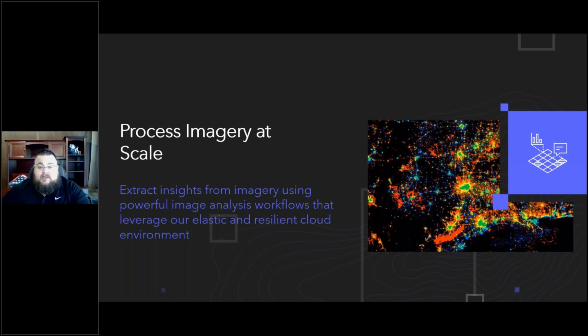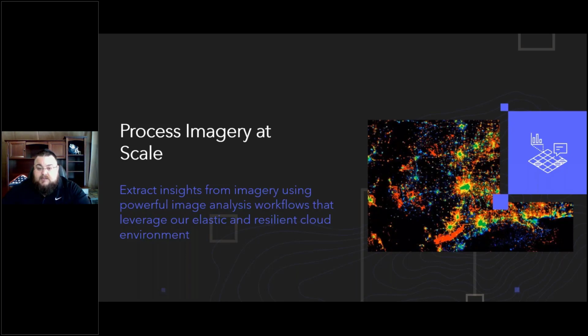With ArcGIS Image Online, you can process imagery at scale using powerful image interpretation, image analyst, and raster analytics workflows in the cloud. This helps you make use of your imagery to gain situational awareness, extract insights, and support decision-making. You can apply analytics through an intuitive web experience, by using tools in Pro, or use our rich Python API to develop custom raster function chains and machine learning workflows.